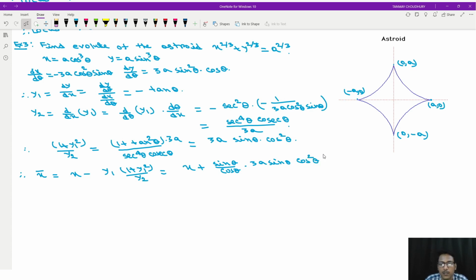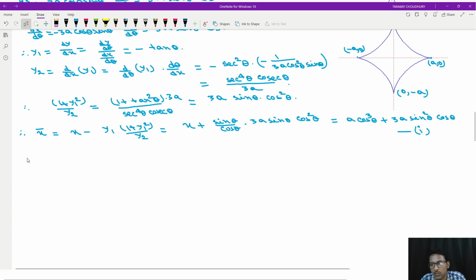So this is simply, x was a cos³ θ plus, cos θ will get cancelled out, so this is 3a sin² θ cos θ. Call this equation 1.